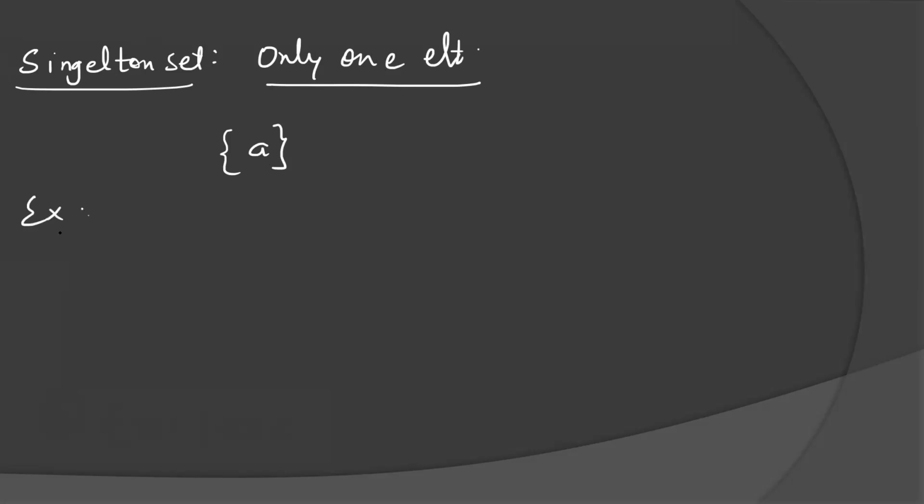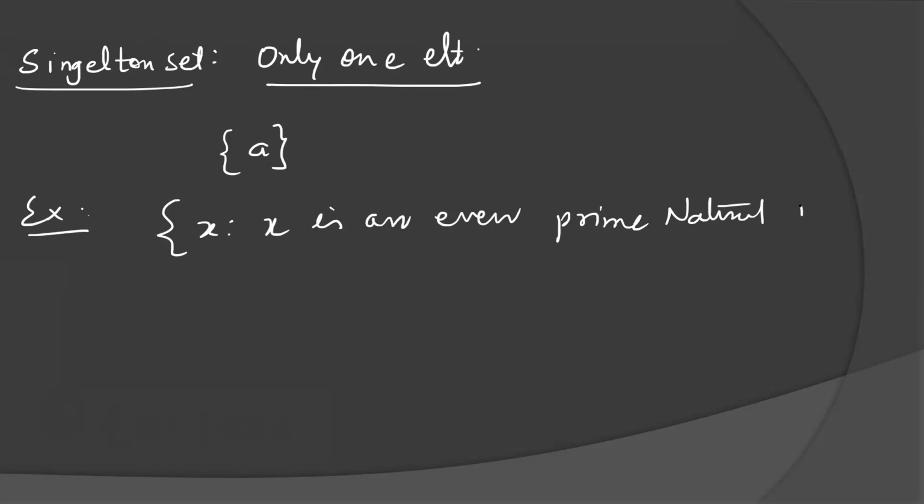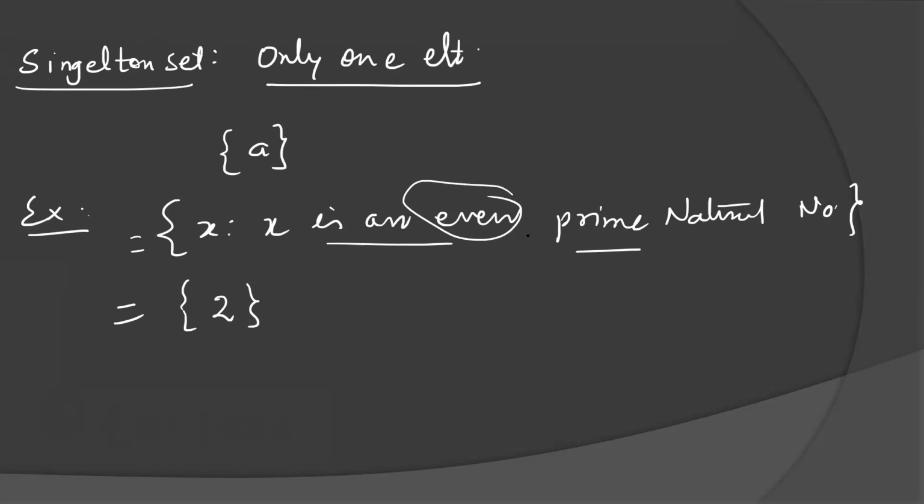If you see the example, collection of all x, x is an even prime natural number. Can you tell me what will be the output for it? The number which is even and which is prime also, the only element is 2, and natural also. It means this is the only element 2, so it is a singleton set.